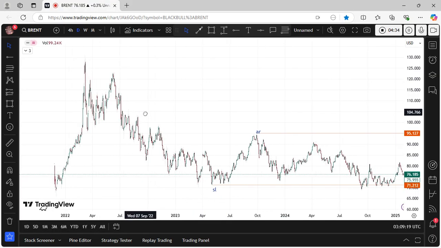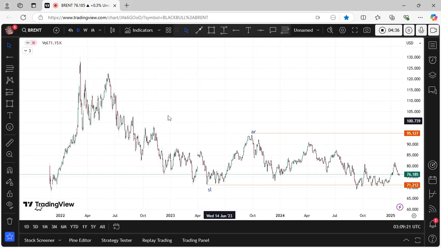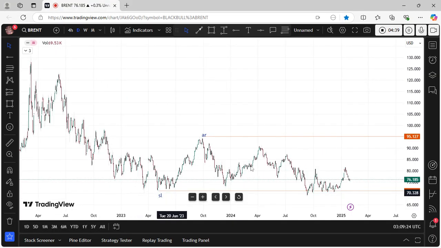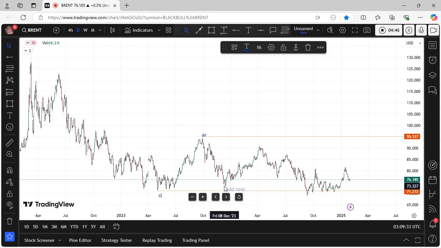Now it came here, and after this point you don't see price going below again. So this is your selling climax and automatic rally. Now this will be your secondary test, that's ST.